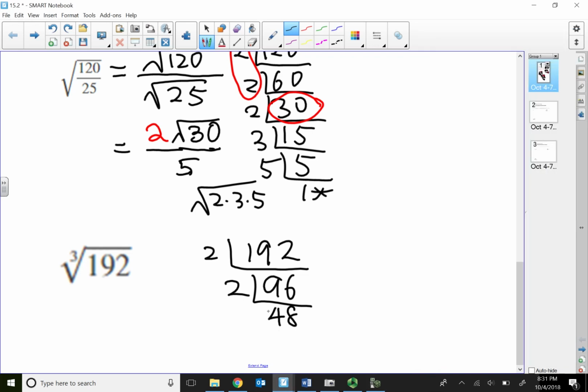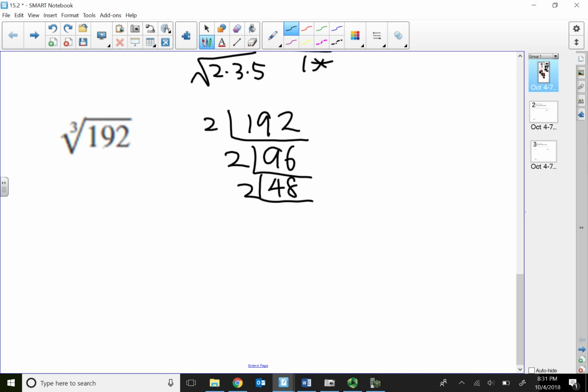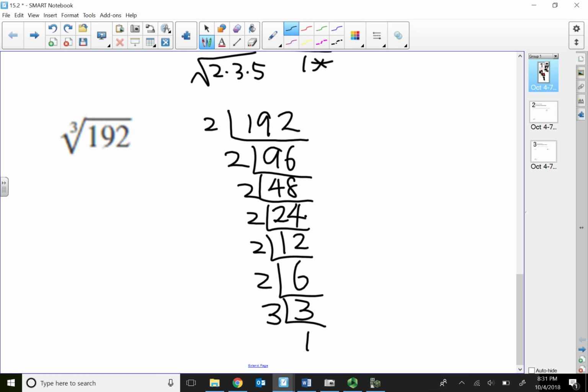All right, break it down by another prime number, 2 again. So 2 goes into 48 24 times. Use 2 again, that would be 12. Using 2 again, that would be 6. Using 2 again, that would be 3. 3 is a prime number, only 3 can go into 3 1 time.